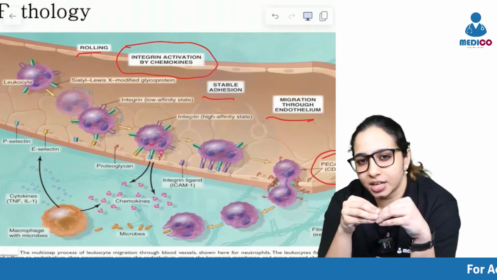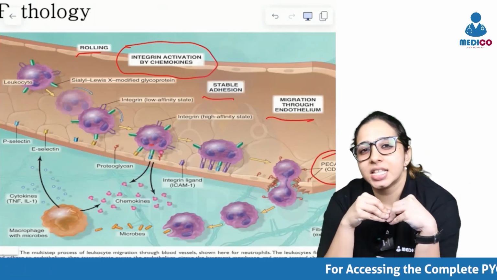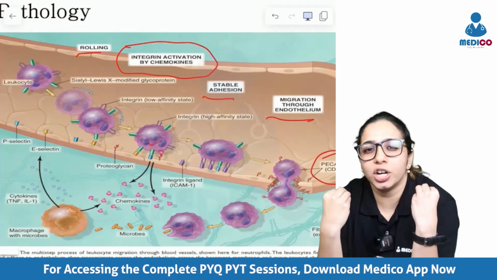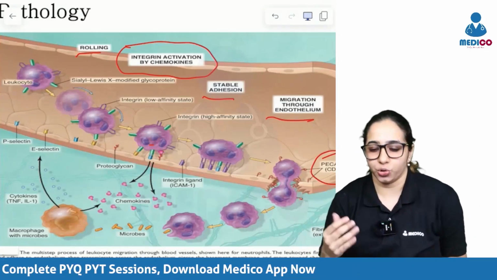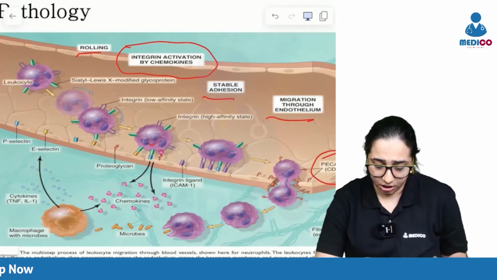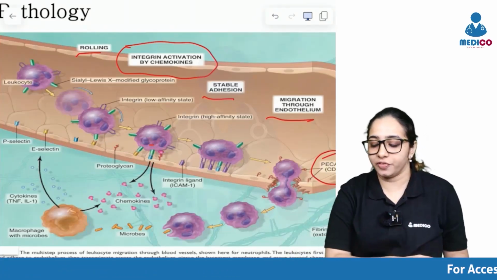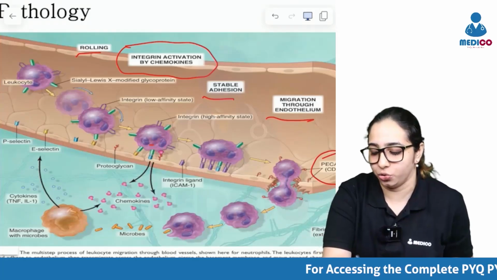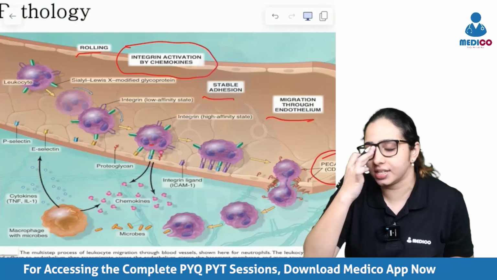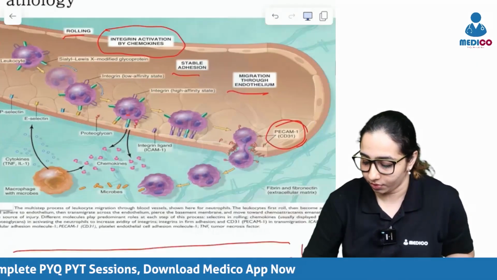When the stimulus comes, when the body has decided that there is something wrong, the body releases some chemicals, like your tumor necrosis factor alpha and your chemokines, and all of that is actually activating the leukocyte, which is how it is getting attached to these selectins.